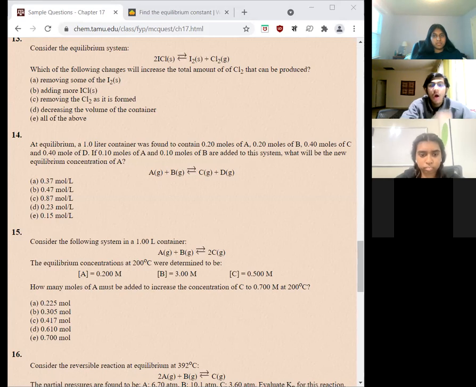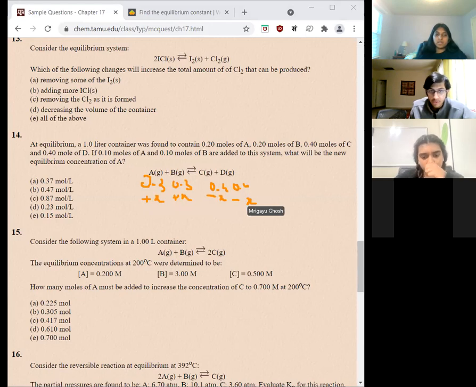Okay, so then maybe the initial value is 0.3, 0.3, and this is still 0.4, this is still 0.4, right? That's initial. Now the change is going to be plus x, minus x, minus x, right? But it's the other way, isn't it?